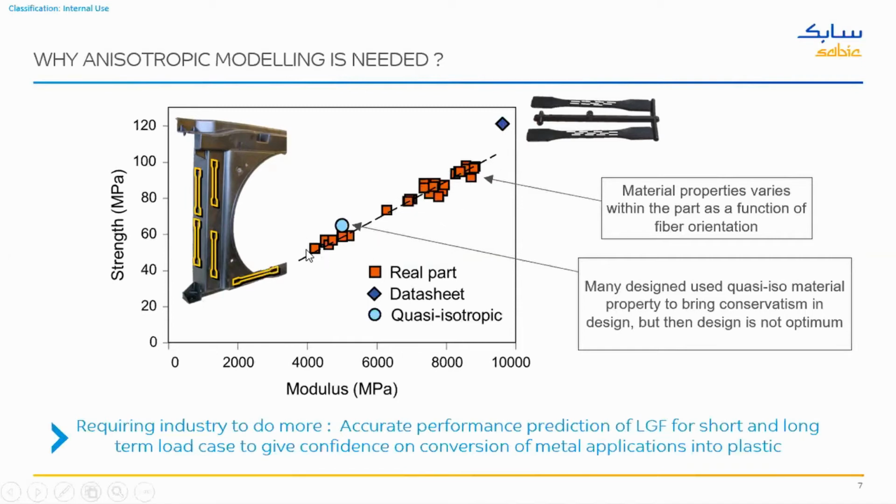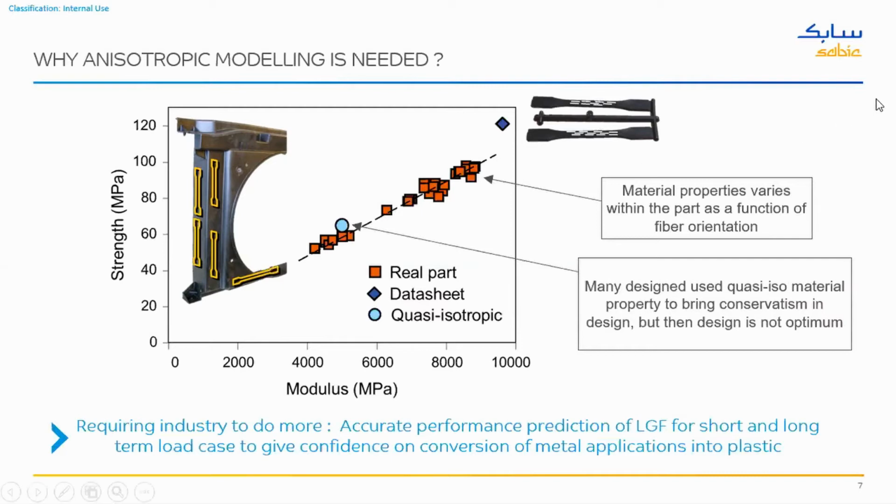This is one of the challenges in general with filled material systems, and even more with long glass fiber material, that you have a lot more variation in the properties within the part, as against metallic structures like steel, aluminum, or magnesium, which are more isotropic, so the property variation is not there.